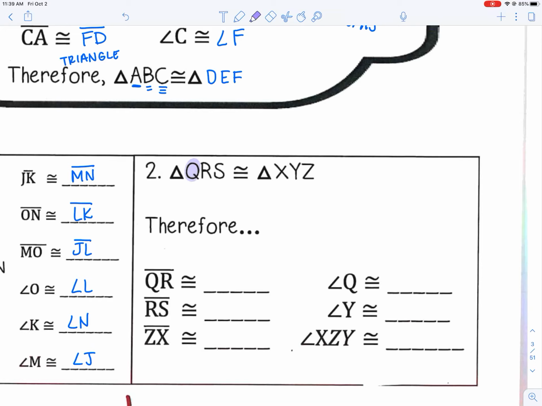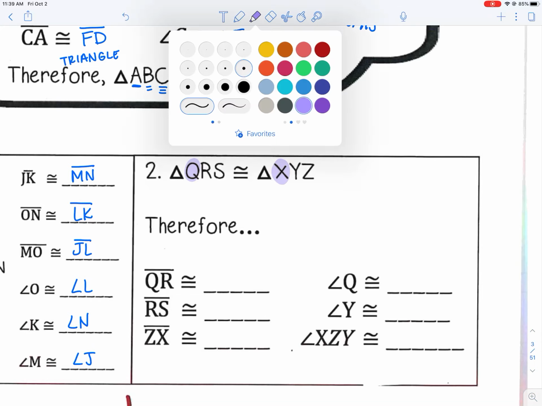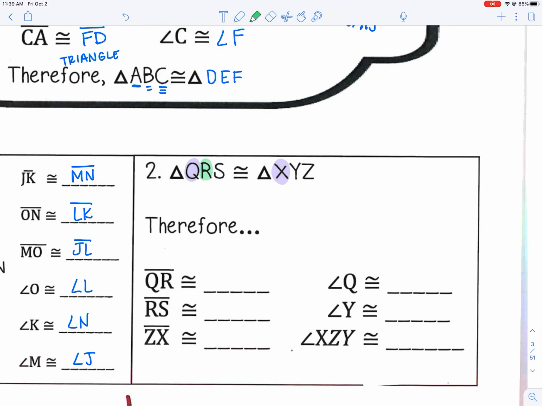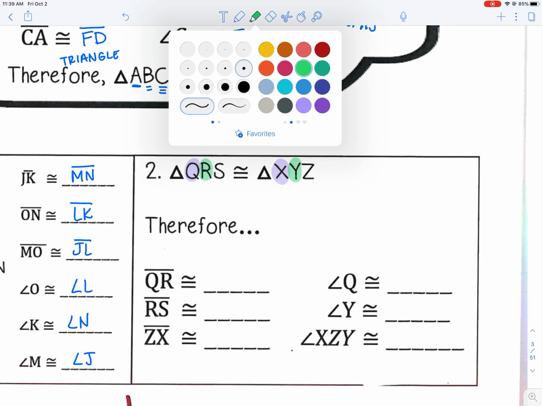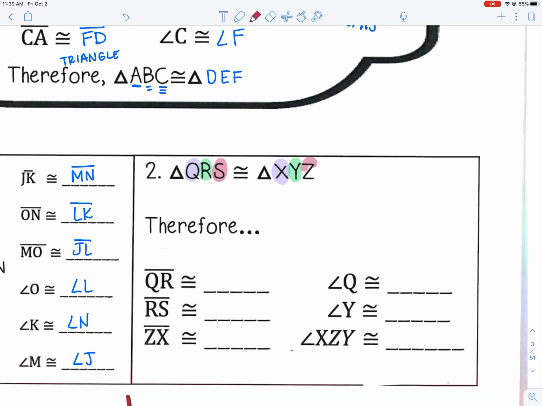So Q corresponds to X, R corresponds to Y, and S corresponds to Z. So if I want to know what's congruent to QR, purple and green. So QR is congruent to XY. RS is congruent to YZ. ZX goes with SQ.